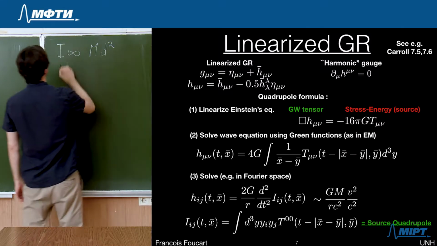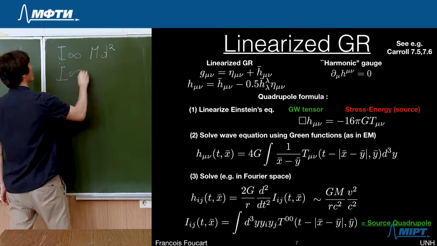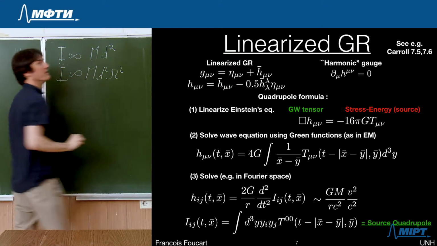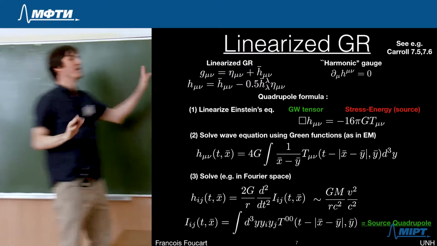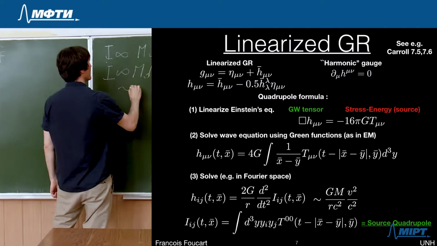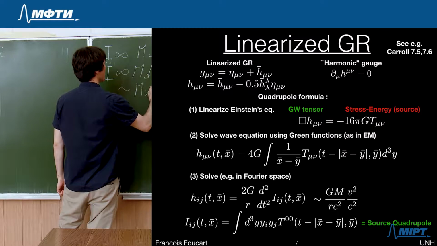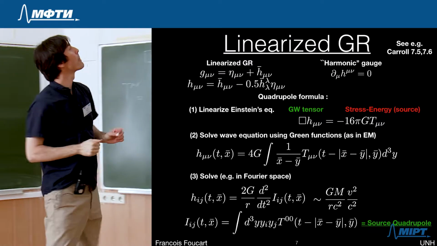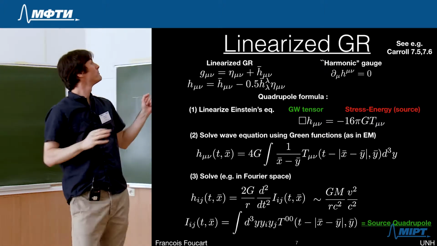And if I want the second derivative of that quadrupole moment, it's going to be the mass times the separation squared times the angular velocity squared, order of magnitude, which is just m v squared, with v being the velocity of the objects in the orbit.